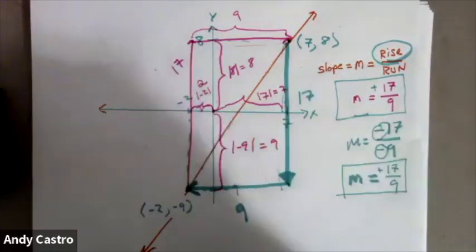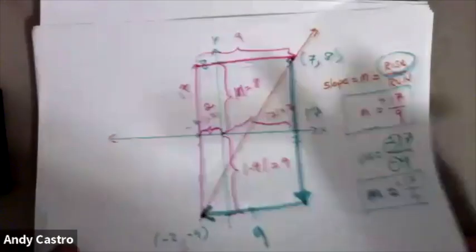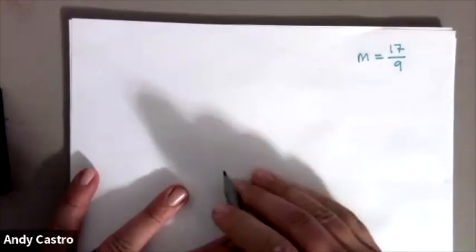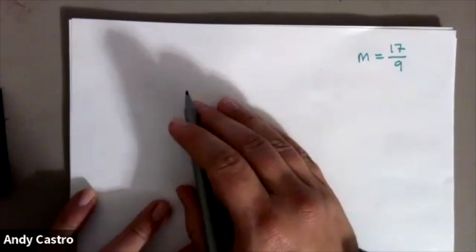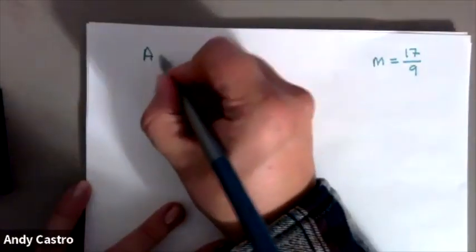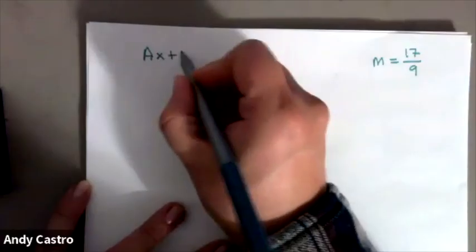Okay, now keep that in mind. We're going to use the same exact graph, and I'll keep referring back to it, but we've calculated the slope, 17 over 9. Now, what I'd like to do is put this into an equation. So I'm going to show you 3 equations. The first one is called the standard equation.